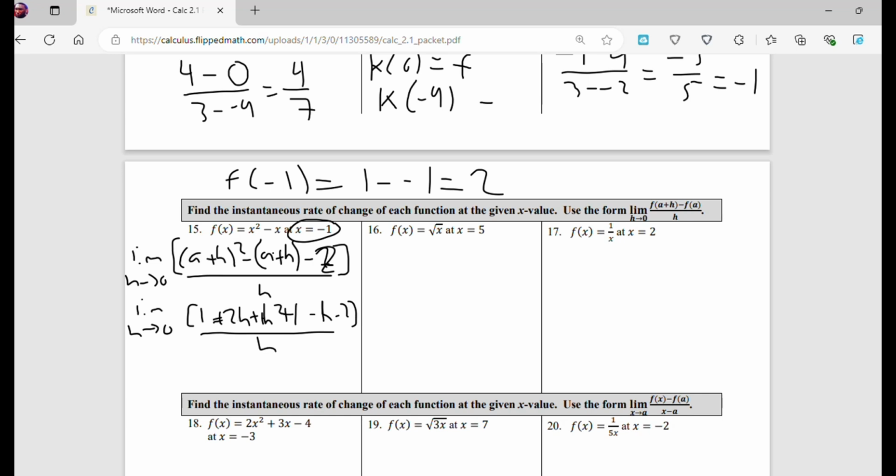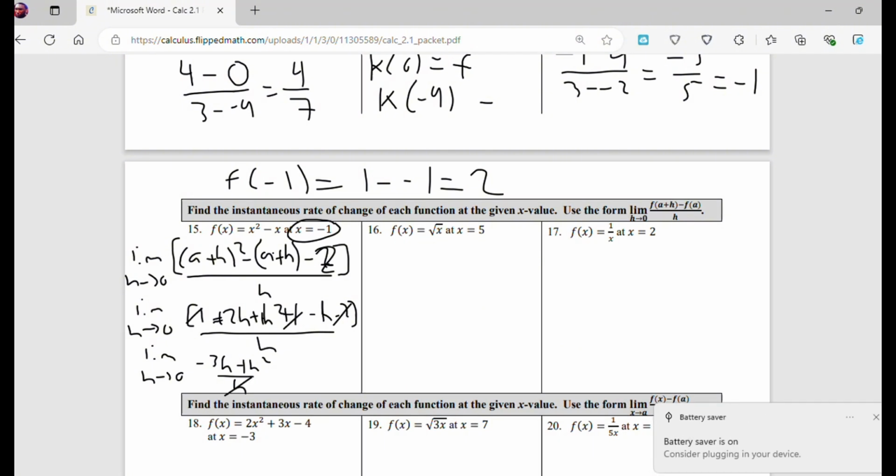Okay, 1 plus 1, 2. Minus 2 cancels out. So we're left with negative 2h minus h plus h squared over h. So that is negative 3h plus h squared over h.